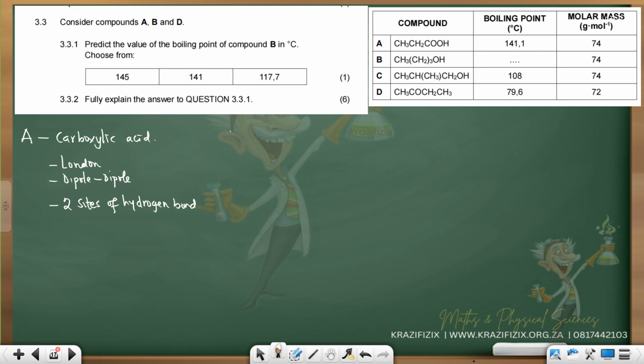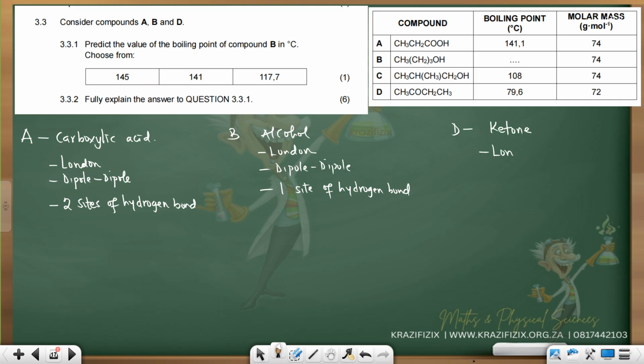What about B? B is alcohol. What does it contain? It contains London, dipole-dipole, and 1 side of hydrogen bond. What about D? D is a ketone.